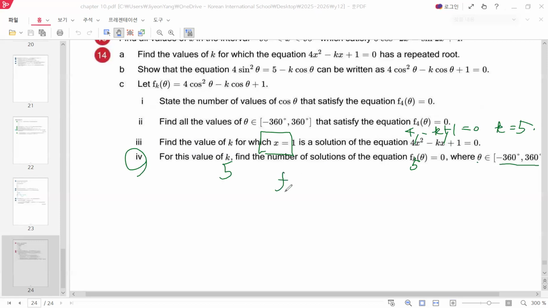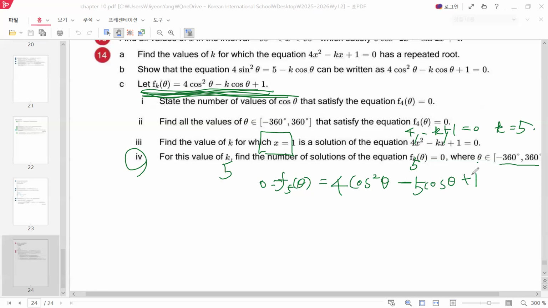So f sub 5 theta equals 0 means, guys, please write down this equation: 4 cosine square theta minus 5 cosine theta plus 1.